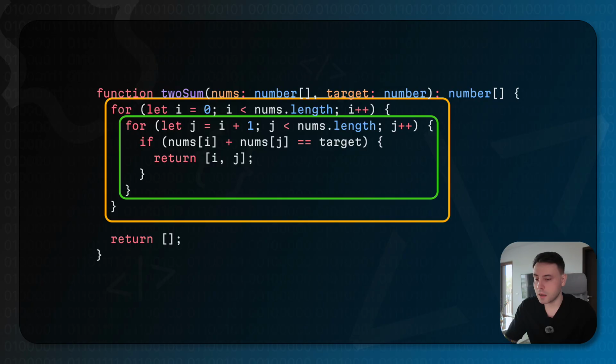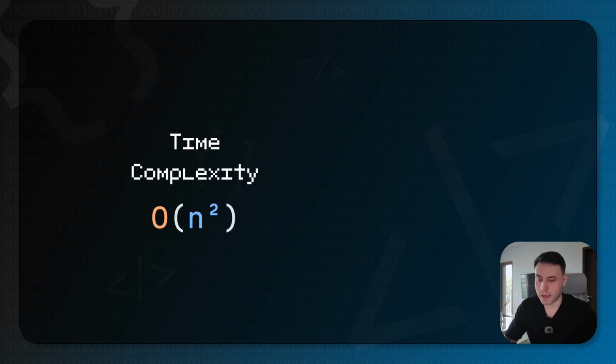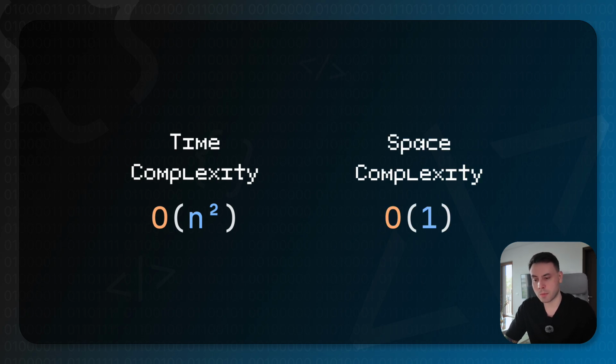As a result, the time complexity is O of n squared, which is slow for large input. On the other hand, the solution doesn't use any extra data structures. We only store the final indices of the two numbers, which takes constant space. So, while the brute force solution is simple, it's far from efficient.